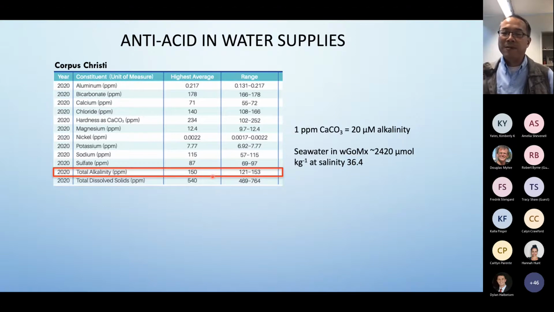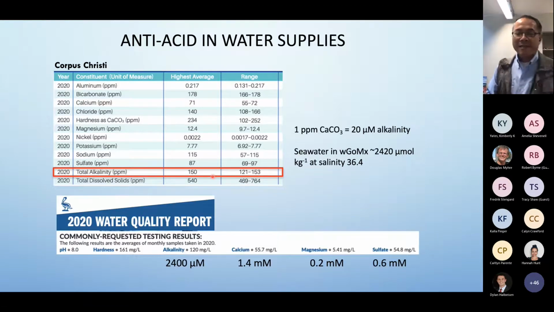When I first saw the report, I was pretty amazed, because I never imagined the city water could be so much more alkaline than the ocean water. Then I was curious to see what you have there in Florida, and it's also a little surprising, because I was expecting a little lower alkalinity. Your alkalinity from last year was 120 milligram per liter, and multiplied by 20, that's 2,400.